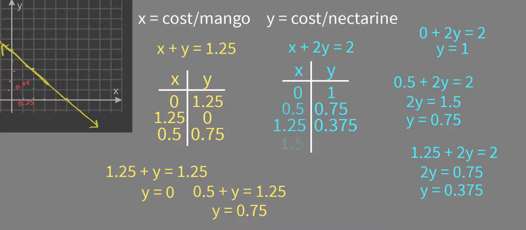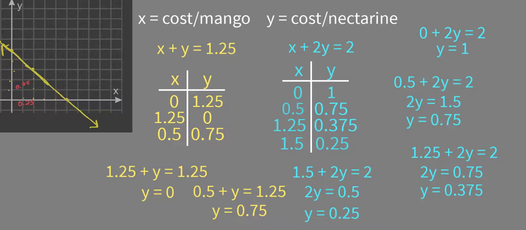Let's do 1.5. So when x equals 1.5, we have 1.5 plus 2y equals 2. 2y, subtracting 1.5 from both sides, equals 0.5, and then y equals 0.25. And I feel more comfortable with that because 0.25 is part of our scale.